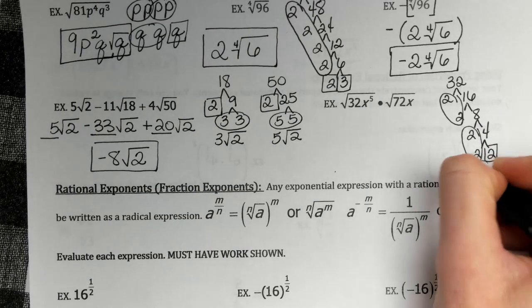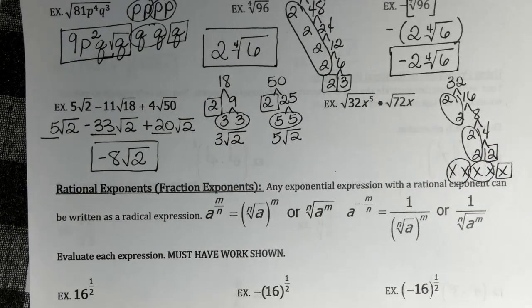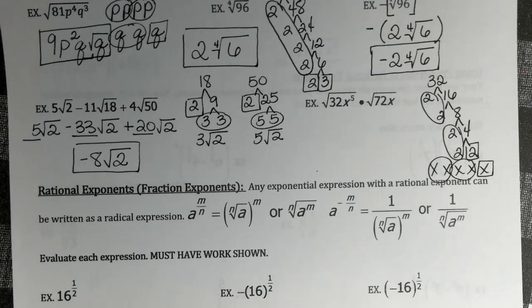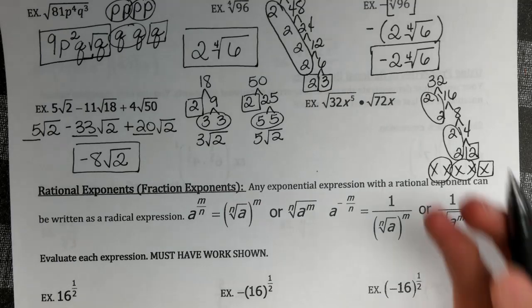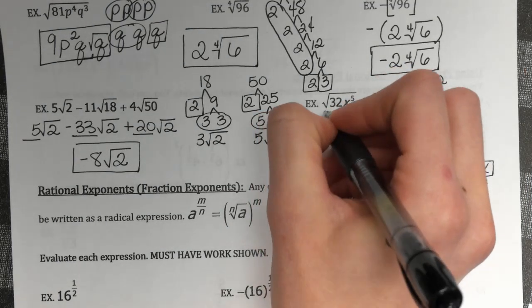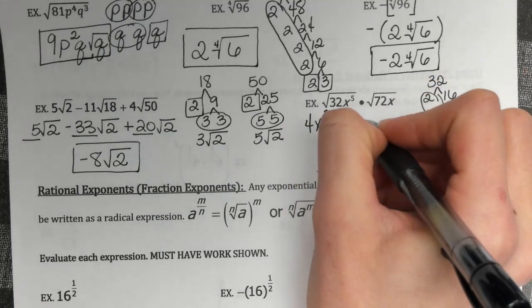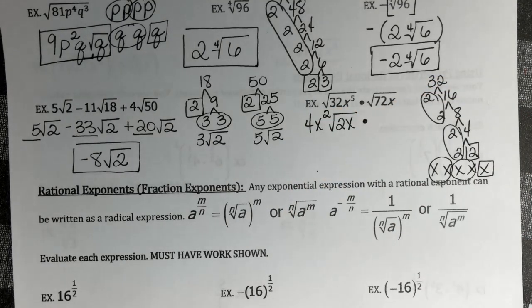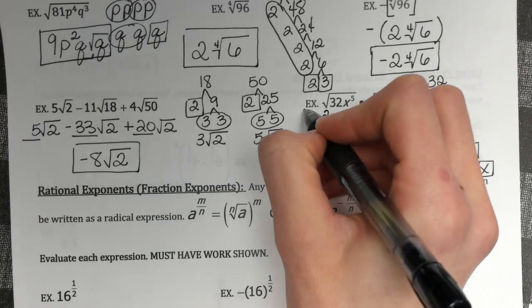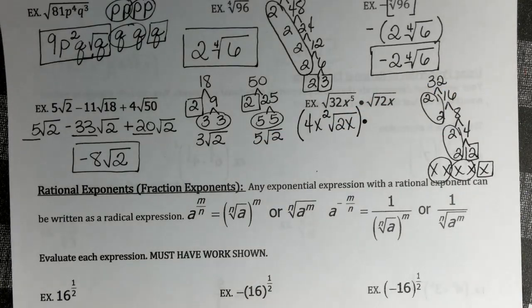So I can do 2 pairs with 1 left over. Okay, so that 32x to the 5th is going to turn into what? Square root of... Okay, I'm going to take that, and if you want to write it in parentheses, you can. Sometimes you'll see it in parentheses, sometimes you won't. It's the same thing, okay?